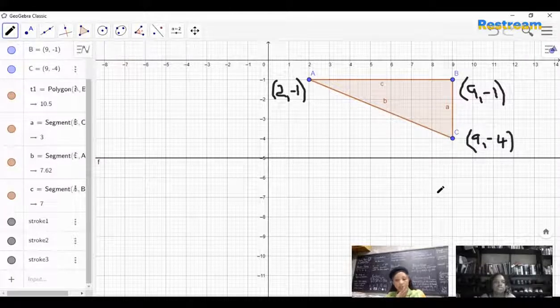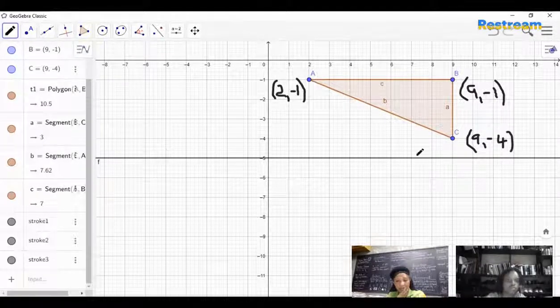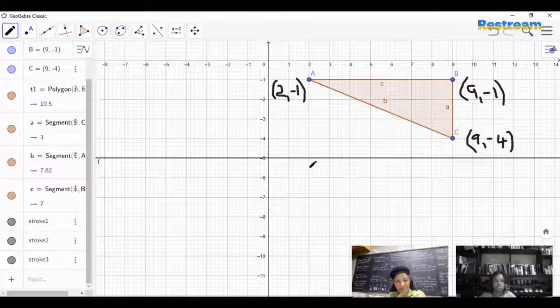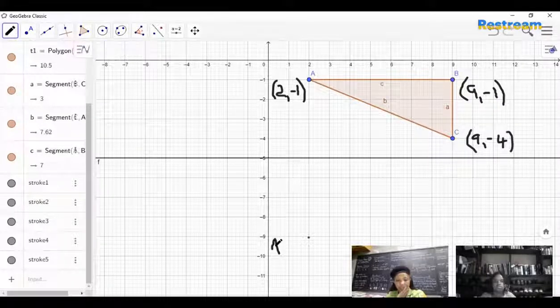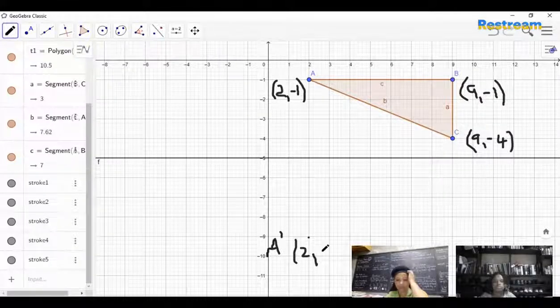So A is 4 spaces down, going down the mirror line. So that's here, 2, -9. Can you see it? So A prime is 2, -9.